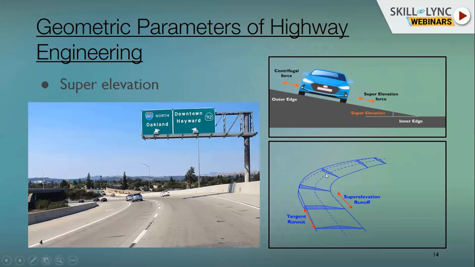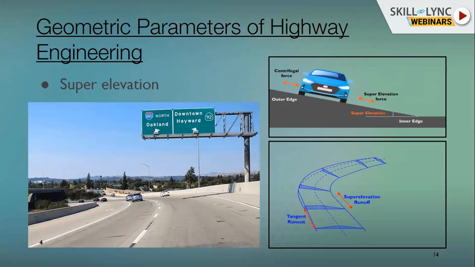To avoid this force and make the journey along the curve smoother, we provide a concept called super elevation, where we raise the outer edge a bit higher than the inner edge. That also depends upon various parameters, and I'm not going into detail about those.